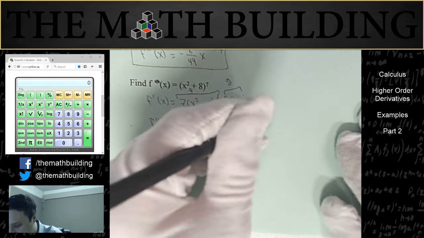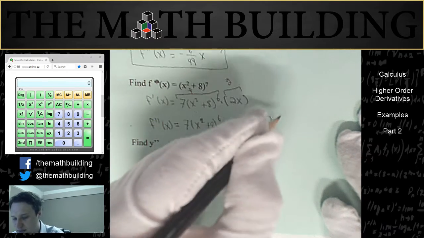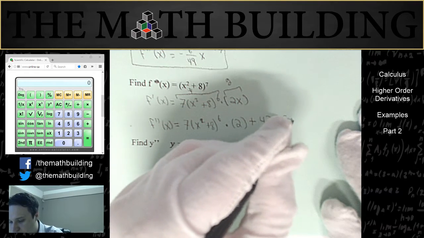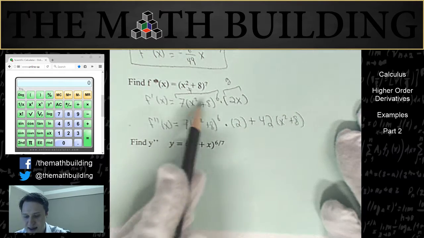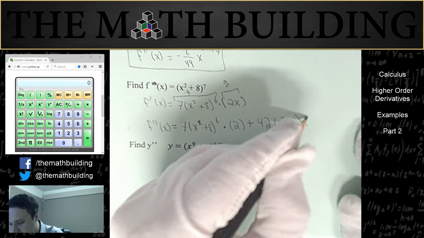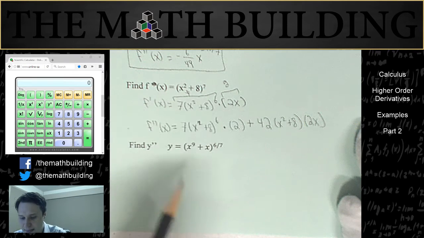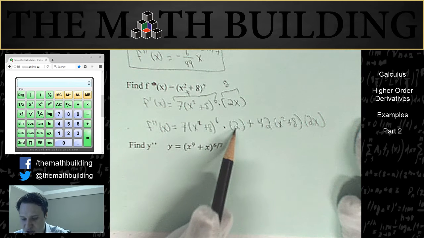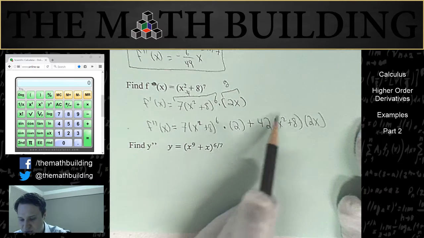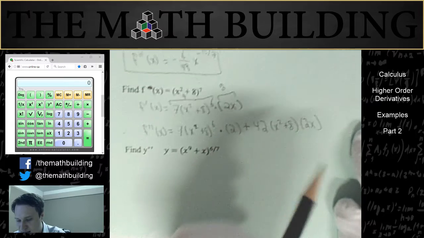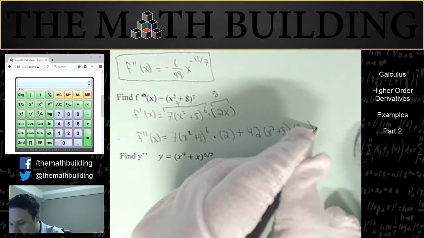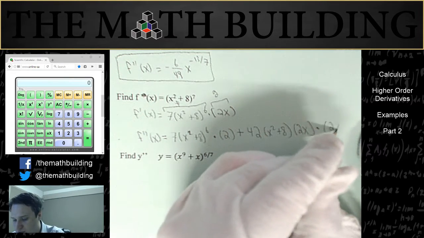So that's going to be 42, because 6 times 7, x squared plus 8. And now I need to multiply that by 2x, because that's the derivative of the inside. So we did f times the derivative of g, and then we do the derivative of f, which is all of this, and now we need to do times g, which is times 2x.